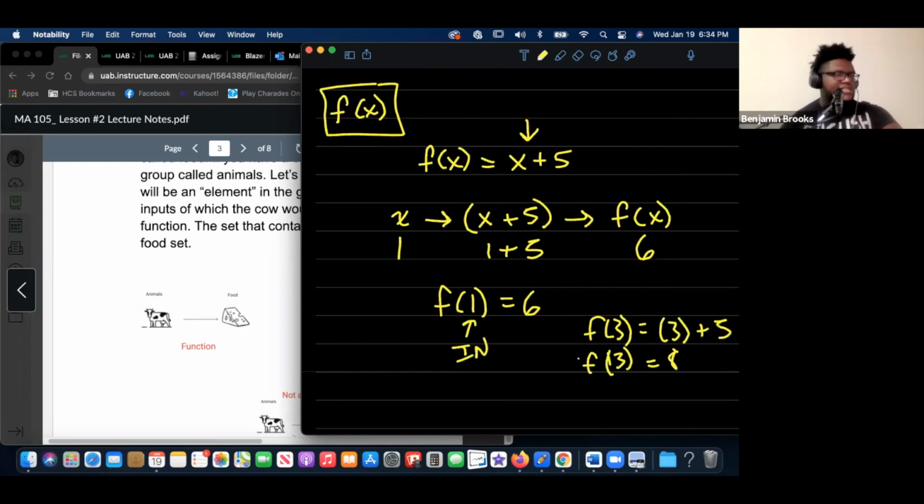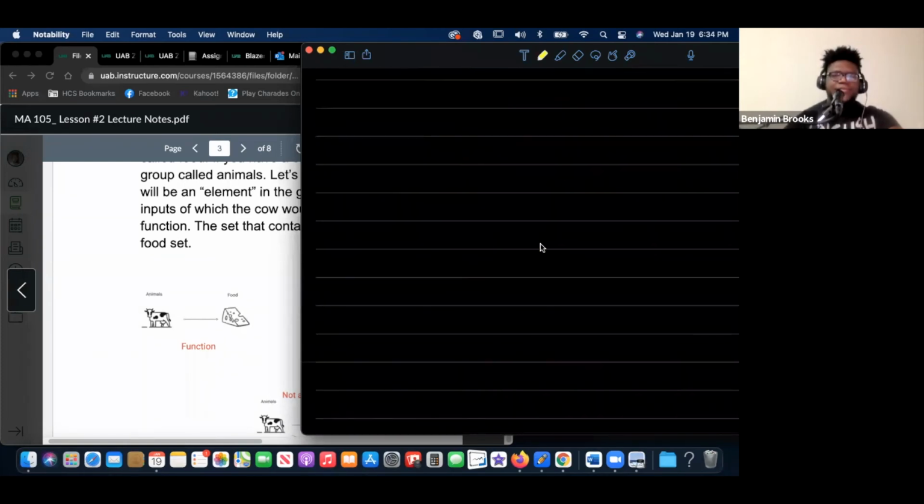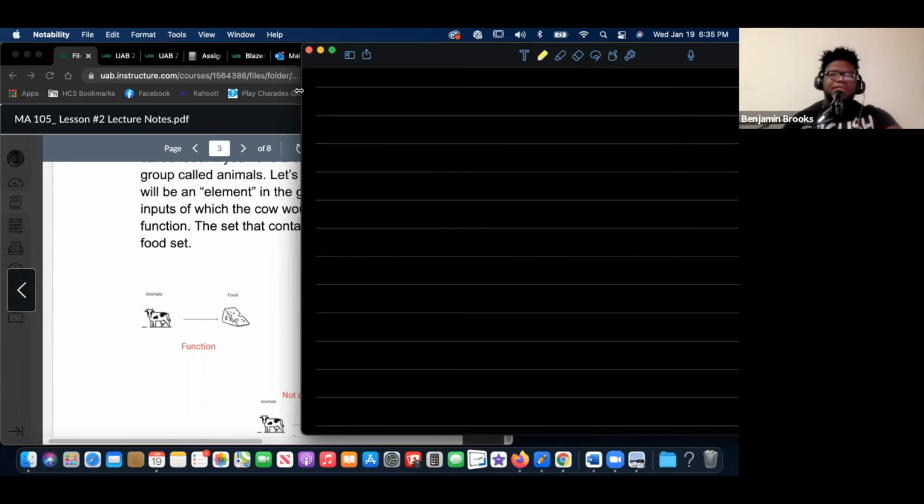All right, let's take a look at problem number 8. With that in mind, we'll take a look at problem 8. You're given that the function f of x is equal to 3x squared plus 2x plus 6. And we're going to look at a few of these.